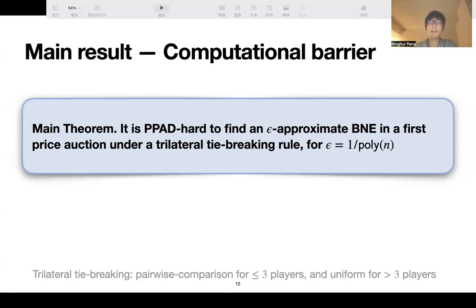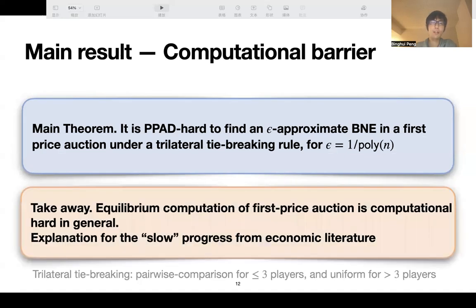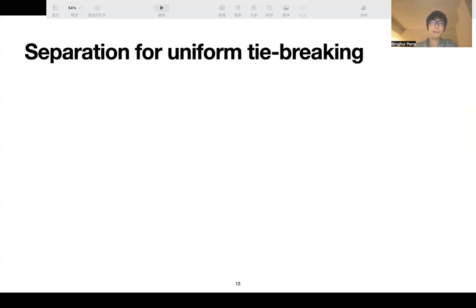If there are more than 3 players in the tie, then the atom is allocated uniformly at random to these players. So the main takeaway of our work is that the equilibrium computation of first price auction is computationally hard in general. And this hardness result also gives some explanation for the very slow progress from the economics literature on fully characterized and closed form solution approaches to equilibrium.